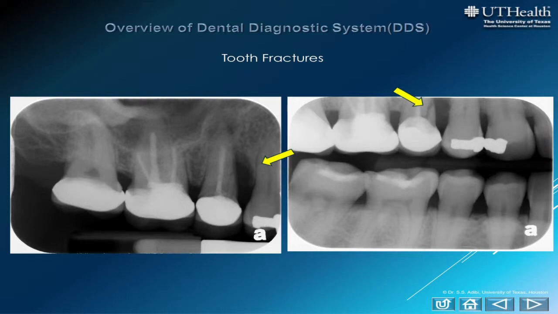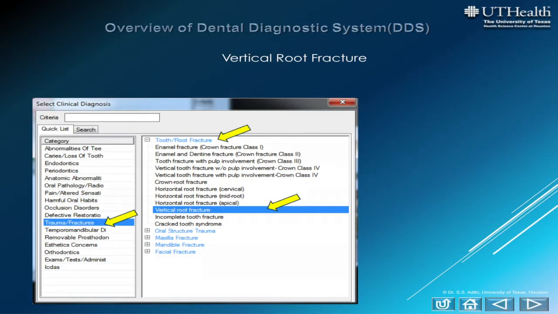Since the fracture appeared to be vertical in nature and no vital pulpal tissue remained in this case, a diagnosis of vertical root fracture was selected under the category of trauma fracture and the subheading of tooth root fracture.